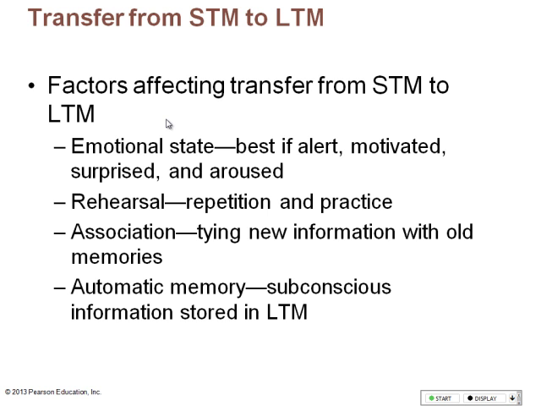Rehearsal, repetition, practice. Association. If you associate whatever it is you're trying to learn with something that already has a big file in your cabinet, it's going to be easier to retrieve that memory. So when you have to memorize the 12 cranial nerves, they give you little tricks in the book to help you with that.